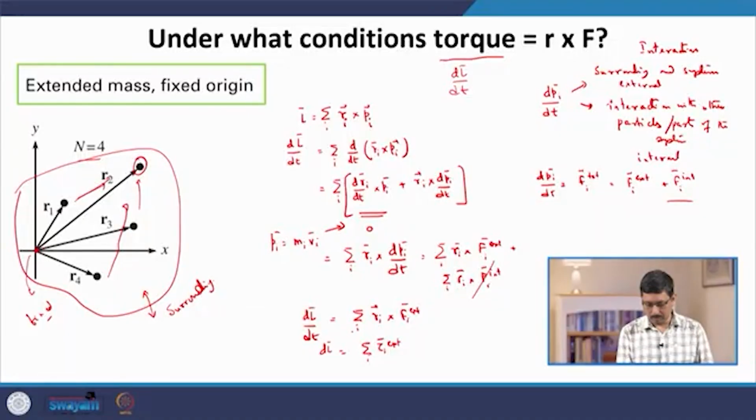For example, the torque due to Earth's interaction. If this is our system, then what causes the rotation is an external force like the gravitational attraction due to Earth, which is coming from the surroundings. So this is true even for an external force.